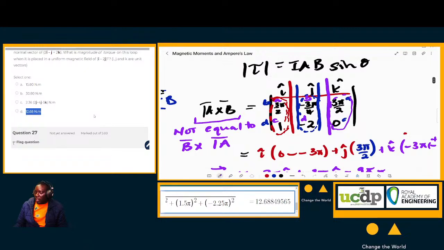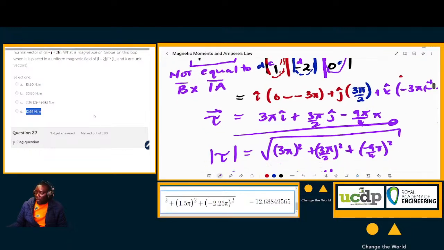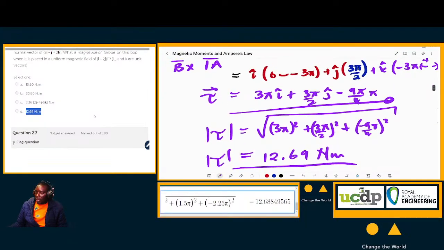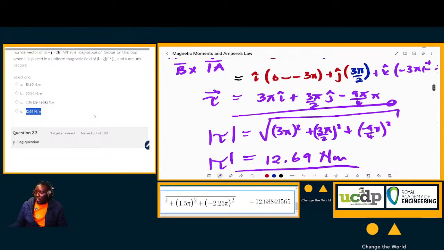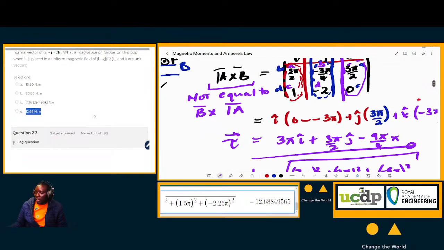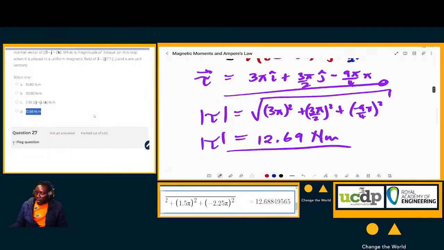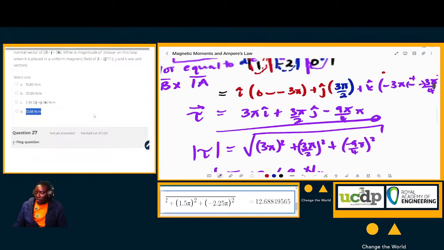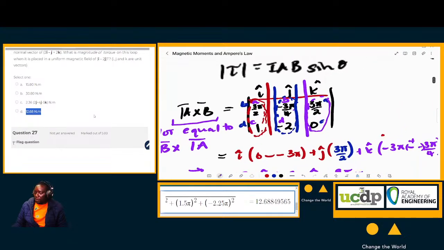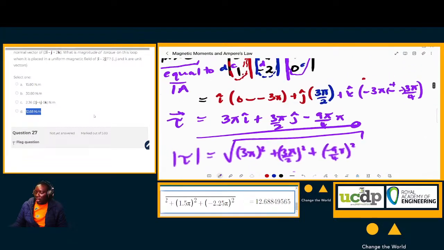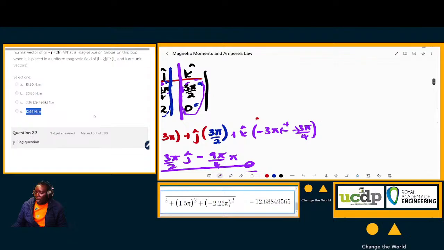If you start with B there, you have 1, -2, and 0 at the top, and you have the A down, then B cross A is something else. It gives us a torque in a different direction. So in this case, for the torque that we want, we have to do A cross B. Then we get the torque in the correct direction.